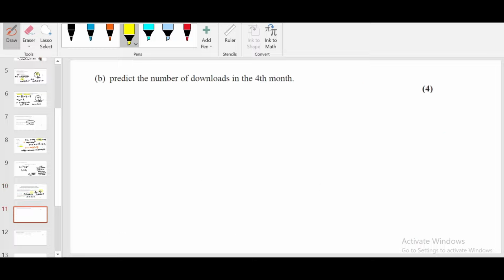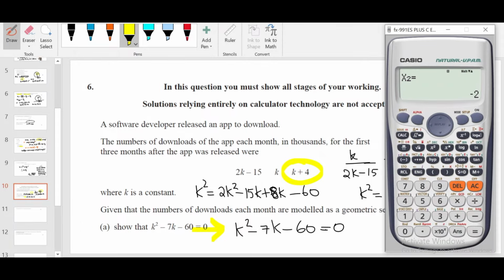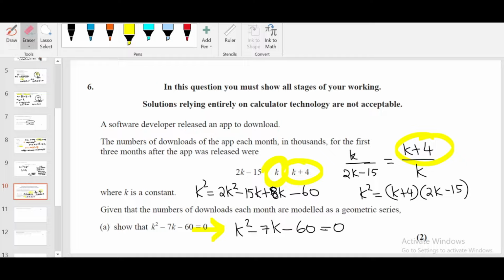They want you to find the fourth term. First we need the value of k by solving this equation: k squared minus 7k minus 60. So you get 12 and negative 5. They are talking about the number of downloads here, so k cannot be a negative number.